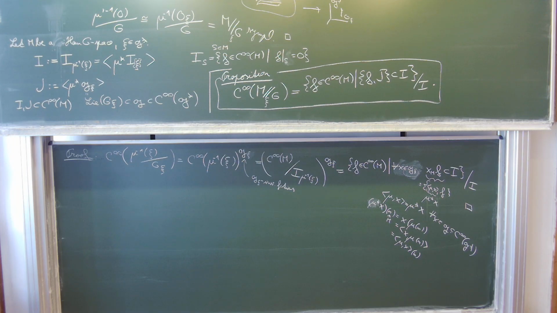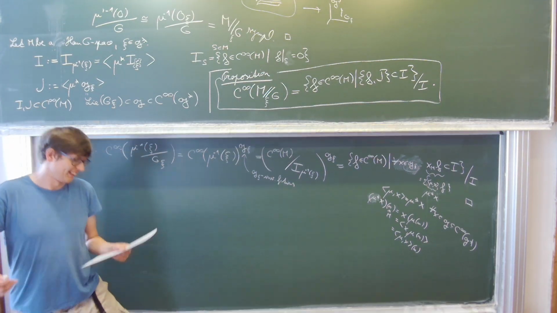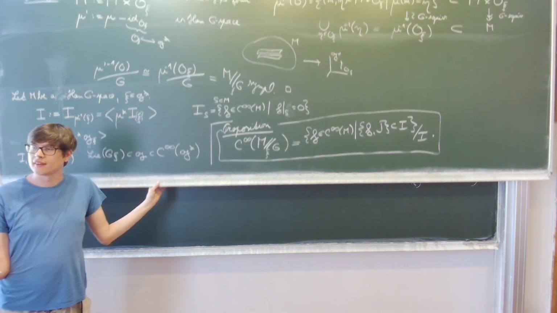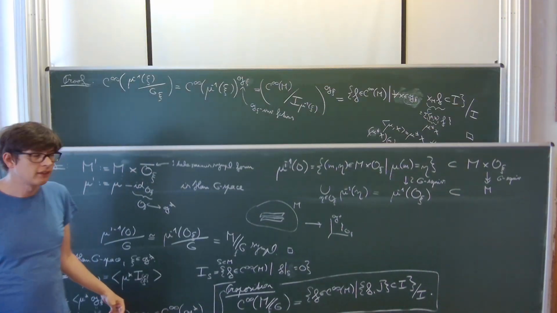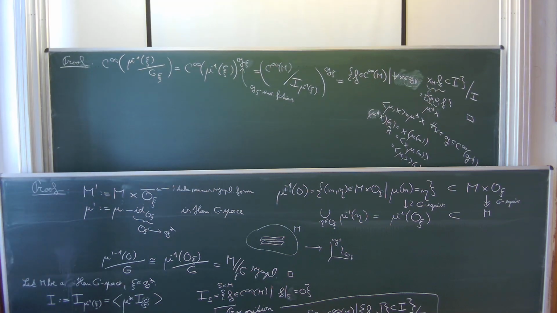Okay, any questions? It seems that there are two equivalent ways to describe this space: the preimage of the point psi modulo something, or the preimage of the orbit. Yes, do you want to say why they are the same?